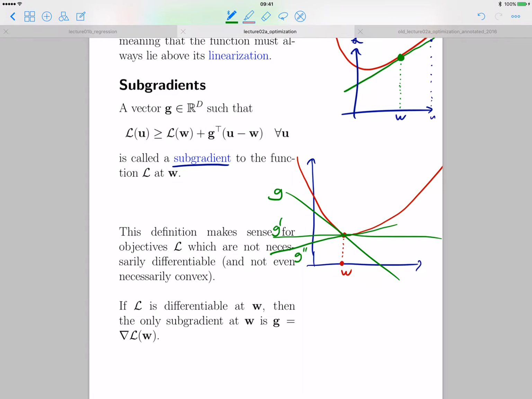So there are many of these planes, and each of the planes is defined the same way as we had above. You can use any vector g, you get a plane like that. And if it happens that the true function is above it, then we say that g is a subgradient to our function. That's the definition.